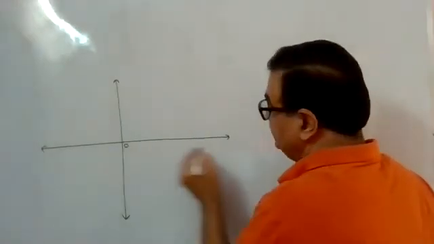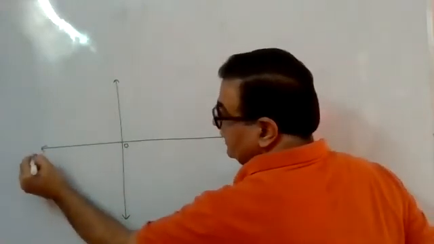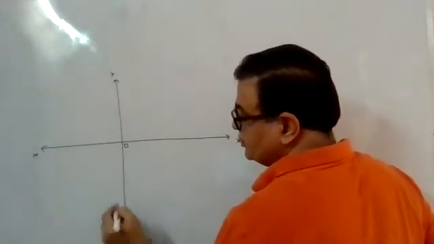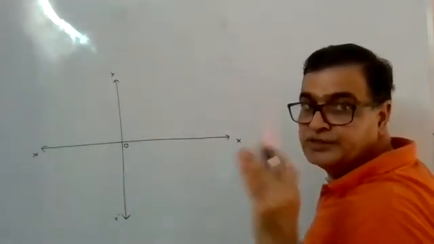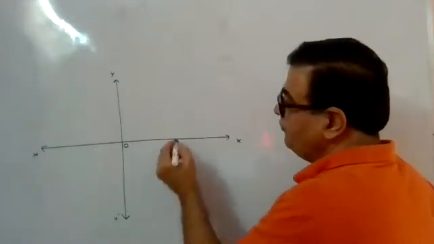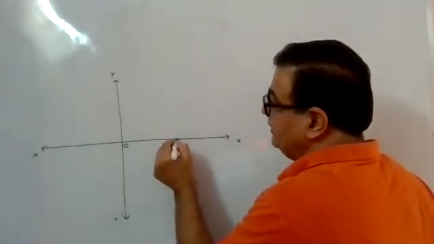This is the origin, this is x-axis, this is x dash, this is y dash. First, I want a vector whose magnitude is 1. So first I draw a circle with radius 1.